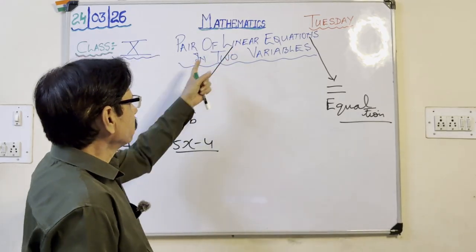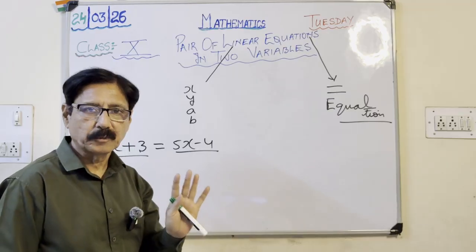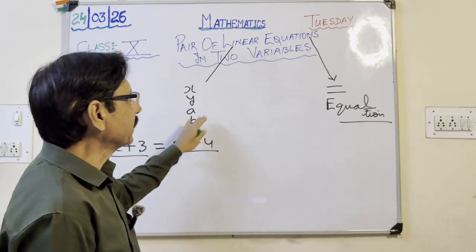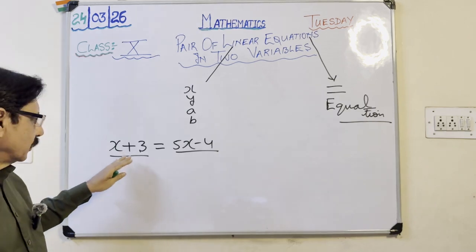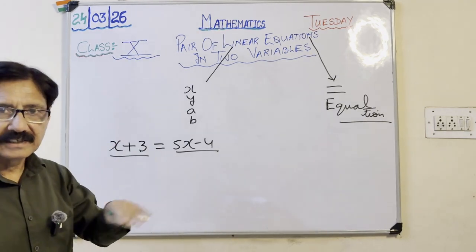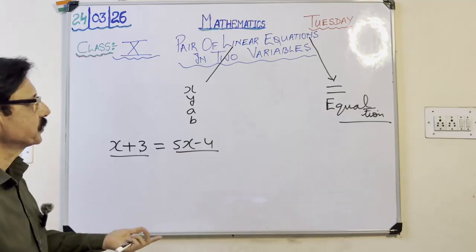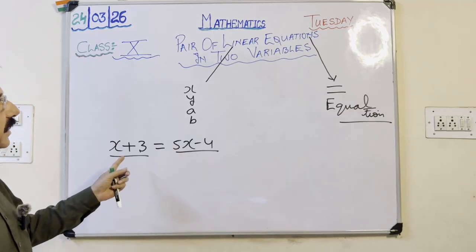So linear means variable without power. Then equation means two algebraic expressions separated by an equals to sign, which converts them into an equation. So the must-have in an equation is the equals to sign.